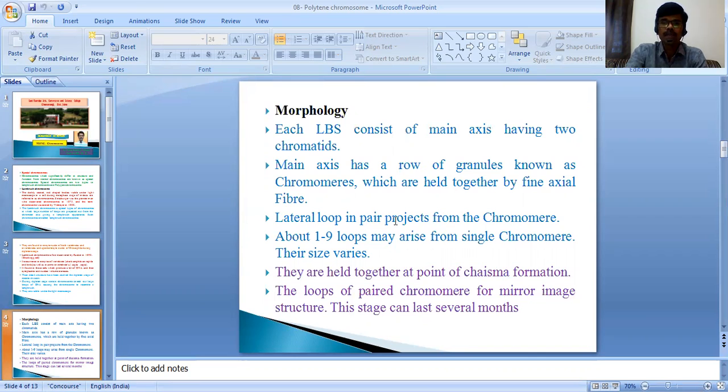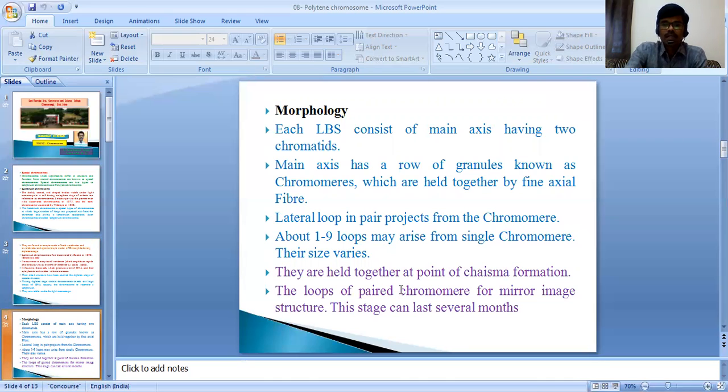Lateral loops in pairs project from the chromomeres. About 1 to 9 loops may arise from a single chromomere. Their size varies. म्हणजे 1 ते 9 लूप्स सिंगल क्रोमोमियर्स तयार होतात आणि त्याची साईज डिफरंट असतात.